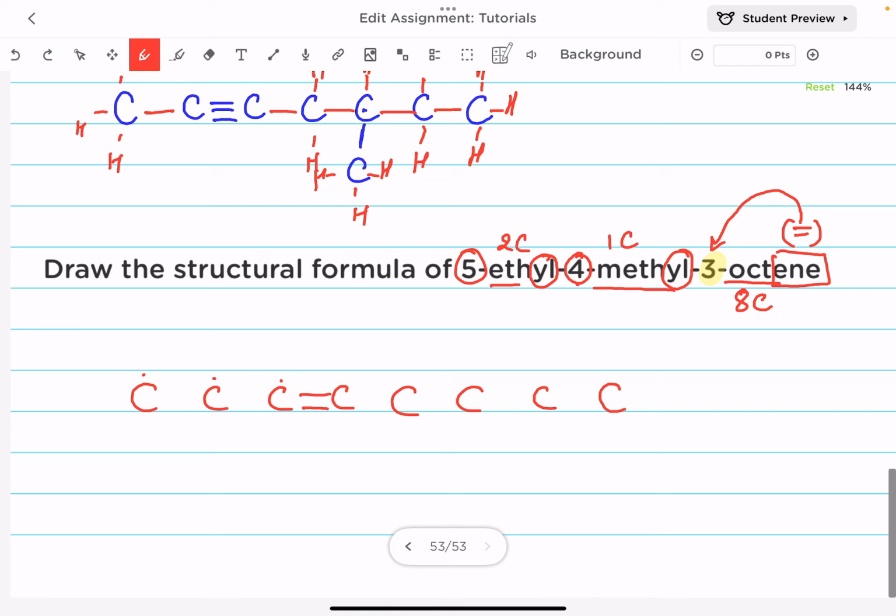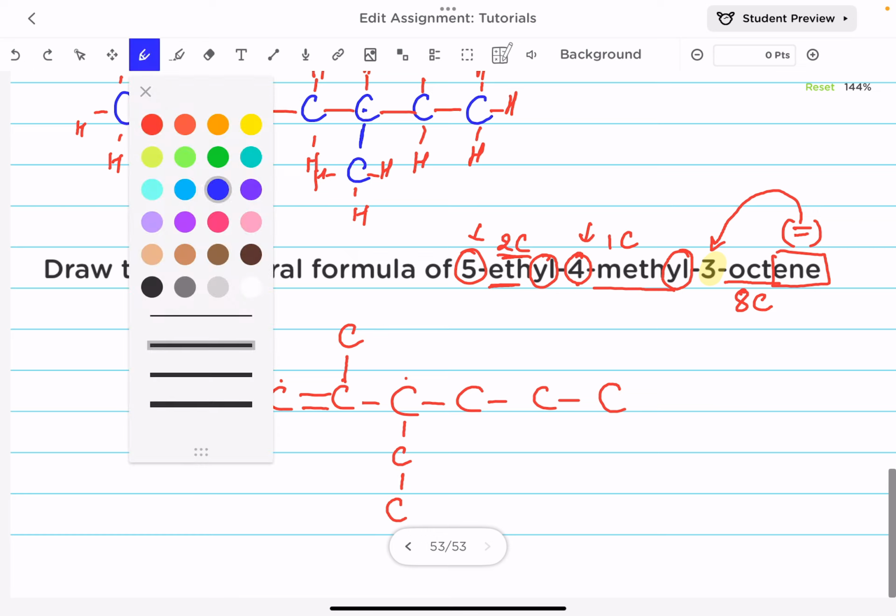On the 4th, I have 1 carbon chain. So 1, 2, 3, 4, and here's the first branch. And on the 5th, I have 2 carbons because it's called ethyl. So here's the 5th. I'm gonna draw it from below. 1 and 2, and that's it.